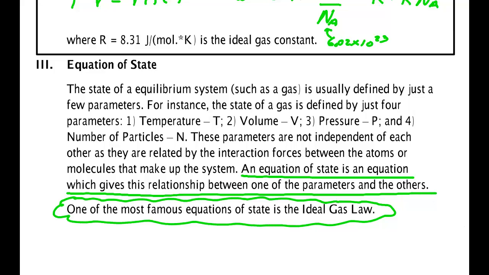A lot of times, people are working problems with a fixed N. Since N doesn't vary in the problem, for a given T, we just have to know P and V. Because if we know P and V at a particular instance, for a fixed N, we know T through the ideal gas law.